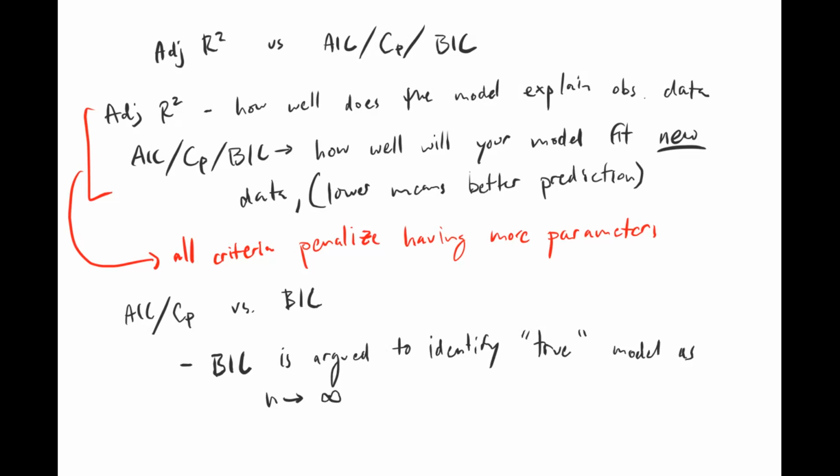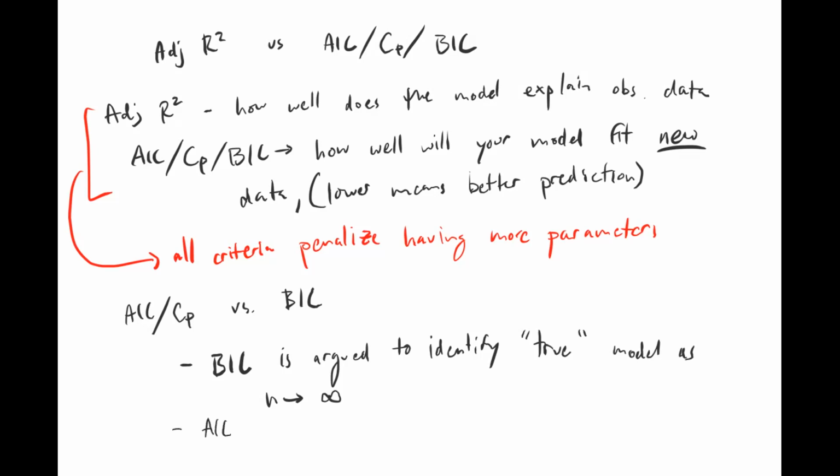You know, you have the ln, the log n term. It's sort of accommodating the fact that it has more observations to look at, and therefore we typically consider the BIC better for models with larger numbers of observations.